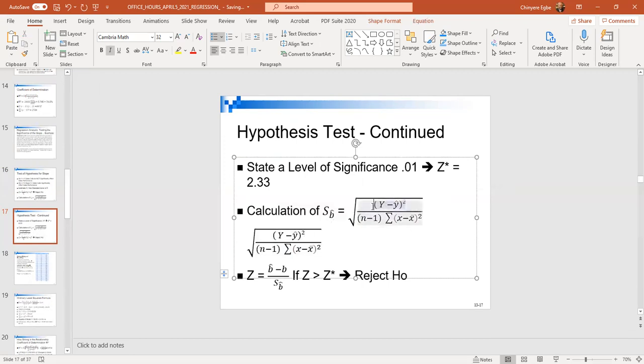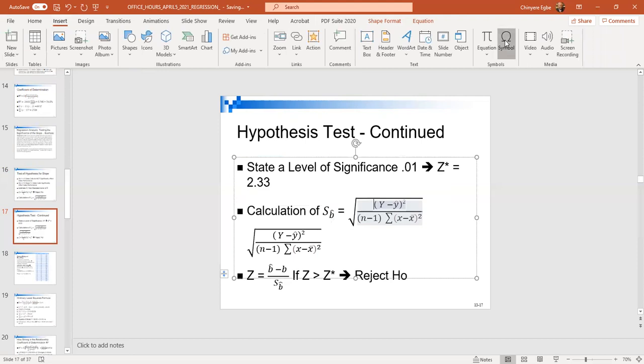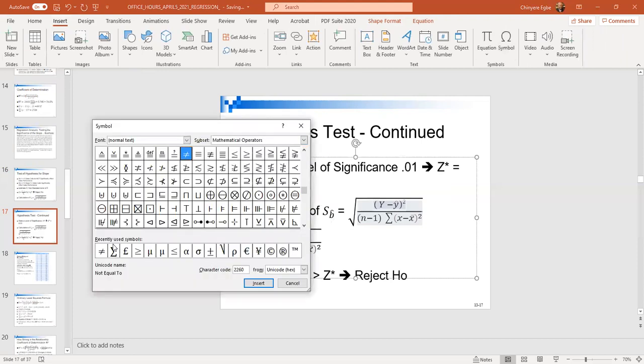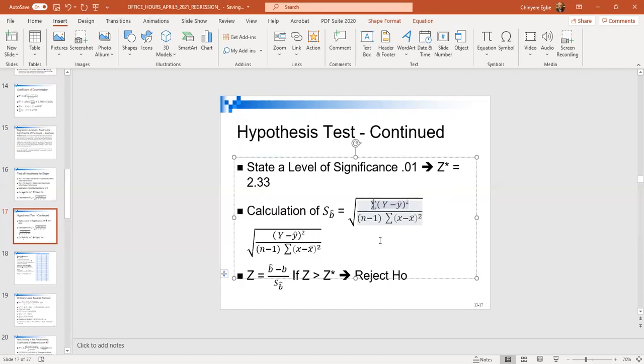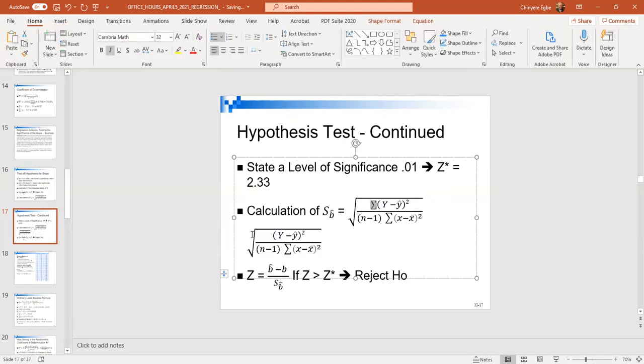This is the summation here. So this we know is 2326, and n minus 1.